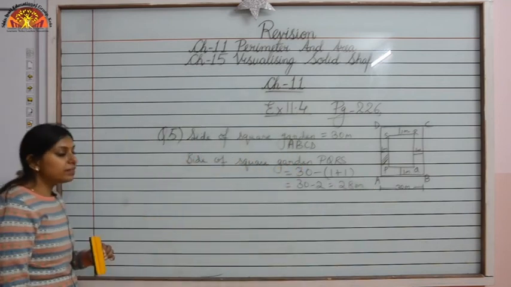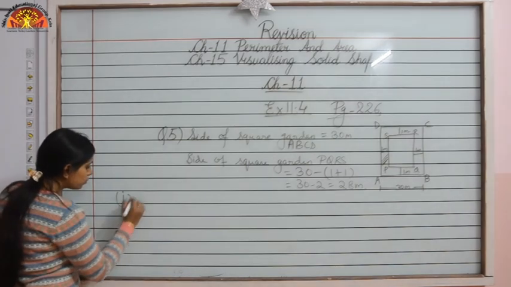Okay. Now we can find the area of the path, that is the first part of the question.